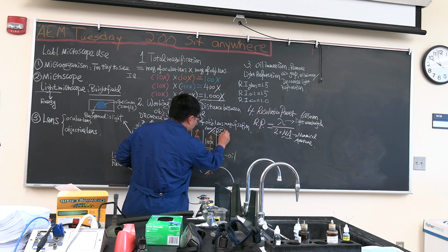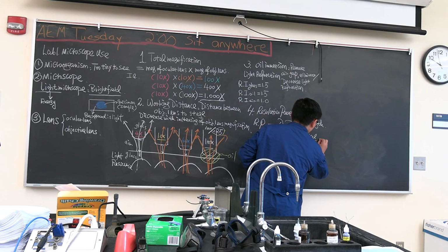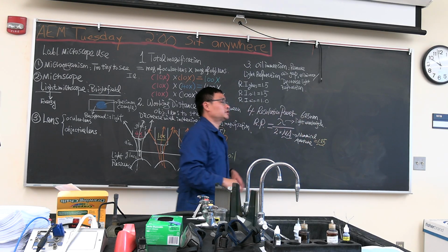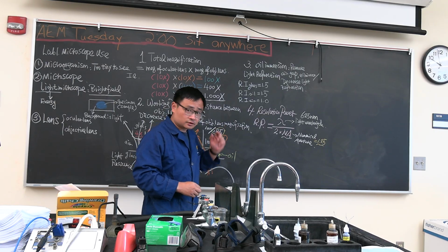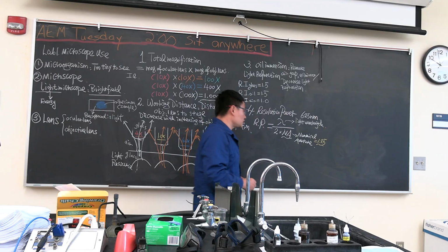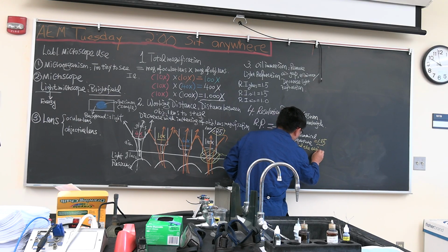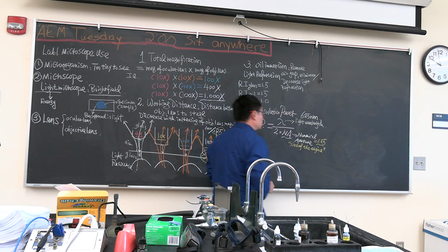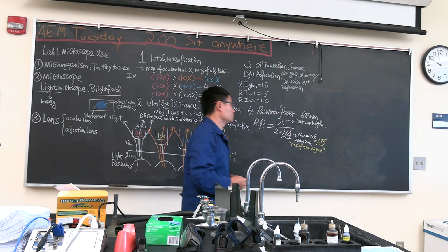This number is the numerical aperture. It's a fixed number for the 100x lens. So we always say numerical aperture is like the size of the engine, like the size of the car engine, where here it is the size of the microscope engine.